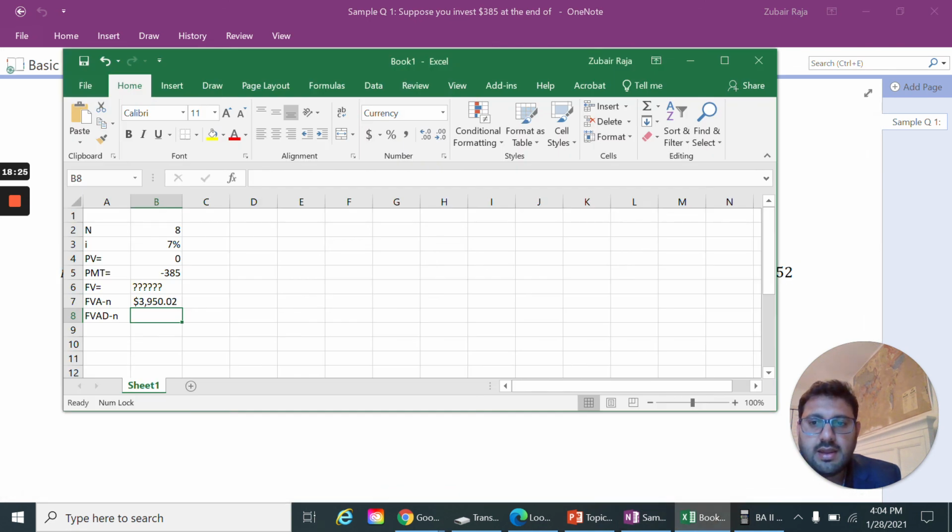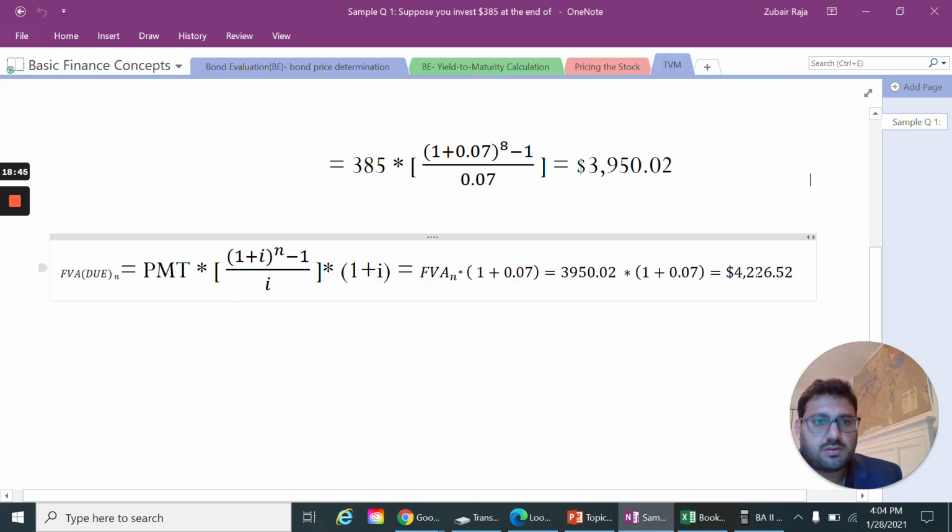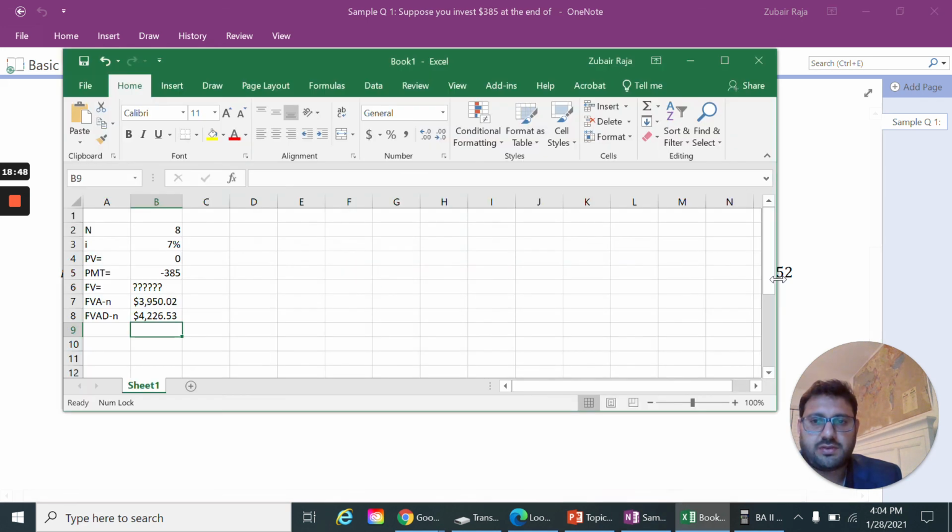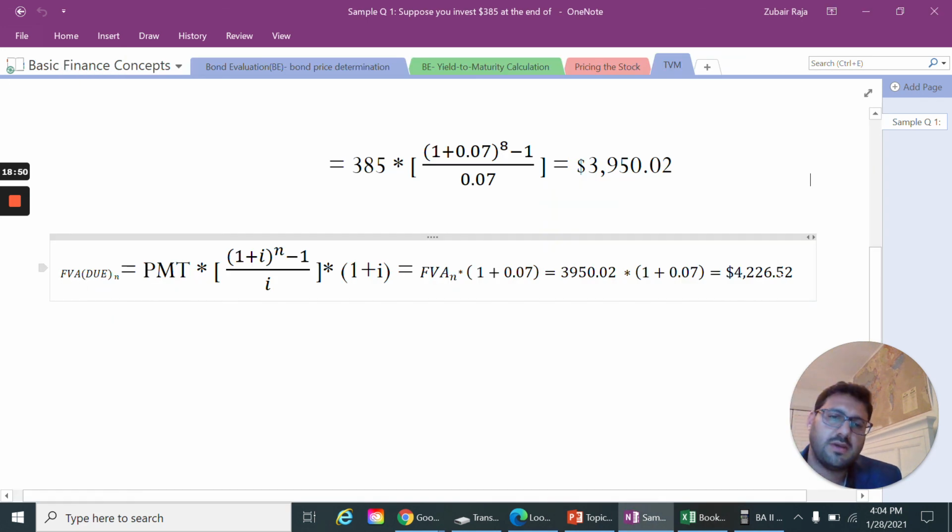And in case I want to find the annuity due value, I simply need to multiply this ordinary annuity by 1 plus the interest rate, which gives 4226.53. Again it's a very minor difference, and this is very much possible when you are using the formula, but it's just a 1 cent difference. It should not even be a difference of $1. It's just a few cents difference.